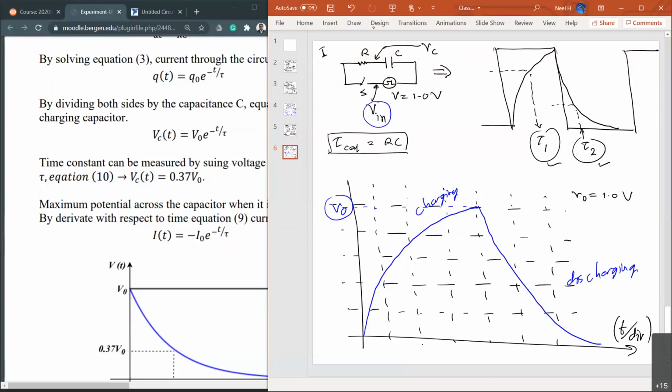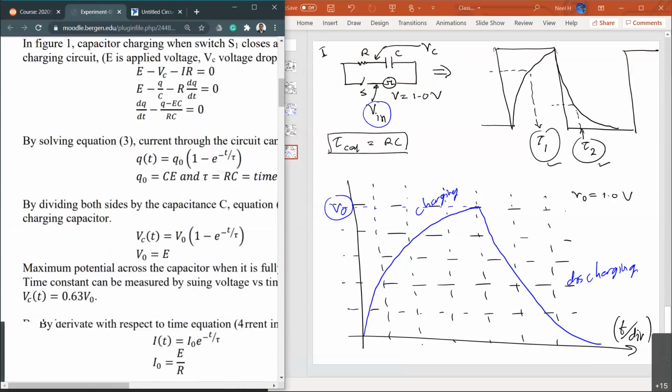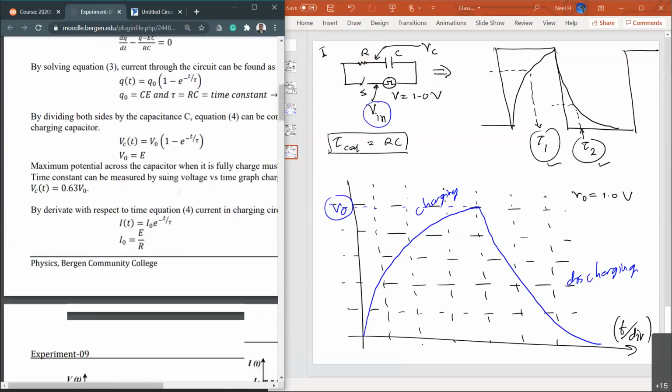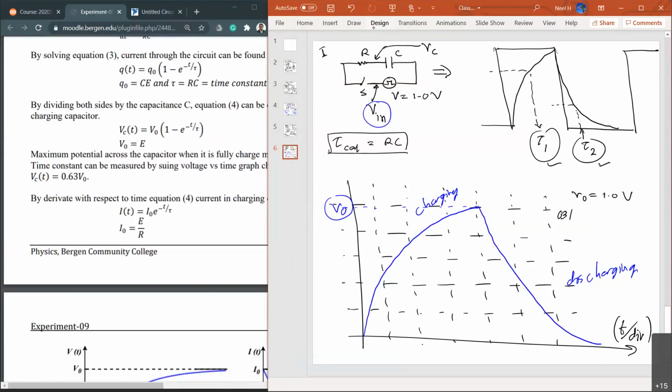Now, if I want to measure the time constant by using the charging circuit, one time constant will give you 63% of V0, right? So that means you have to find 63% of V0, which means 0.63 times V0, that is 0.63 volt.